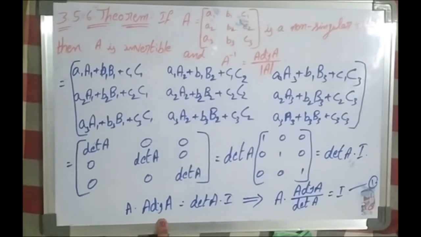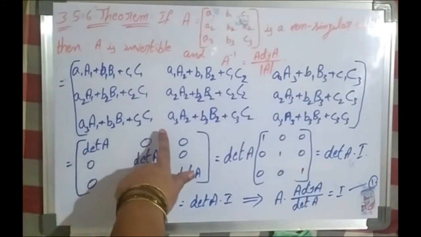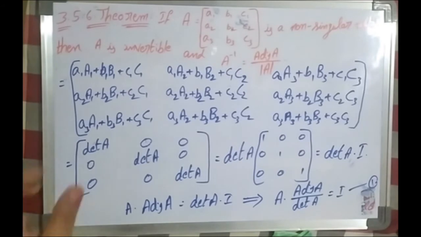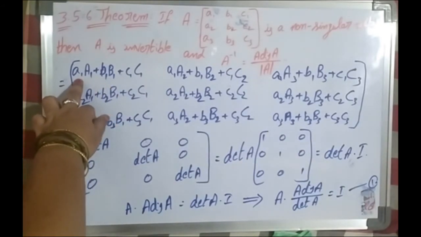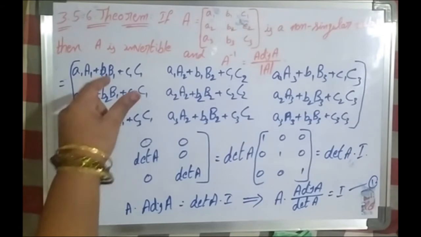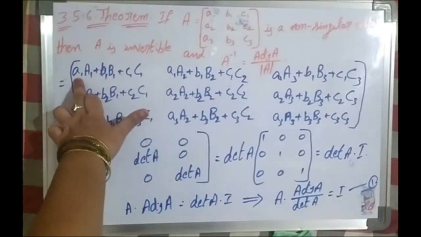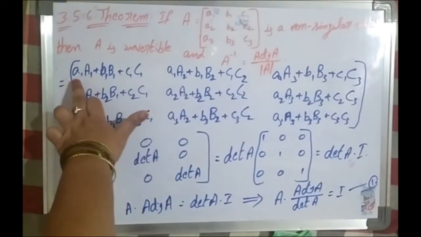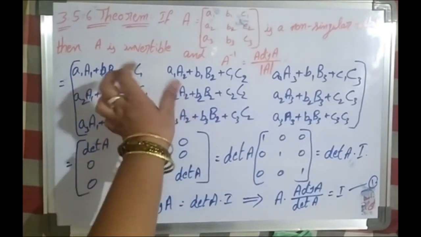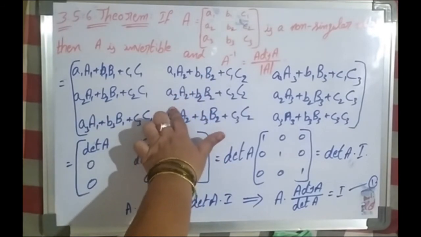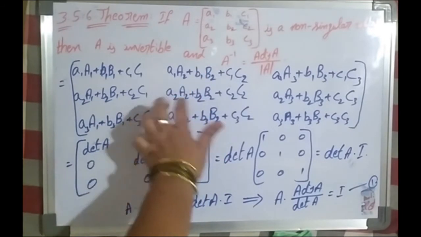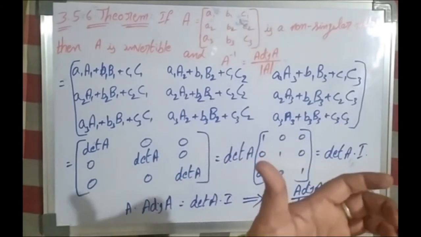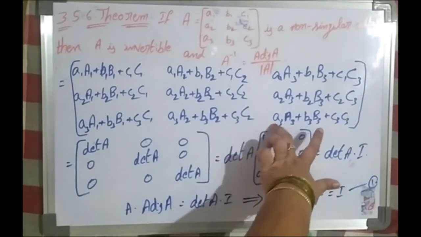A into adjoint of A can be calculated by two matrices multiplication, and by using the definition of the determinant of A. Finding the determinant by the first row, the value is det A, with entries a1, b1, c1; similarly by the second row and by the third row, a3 b3 c3.